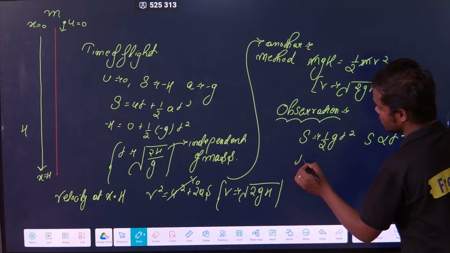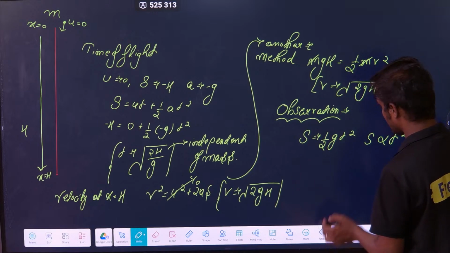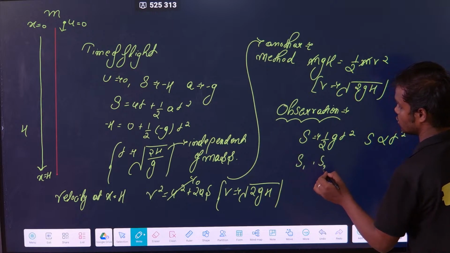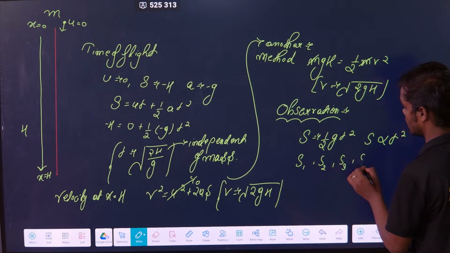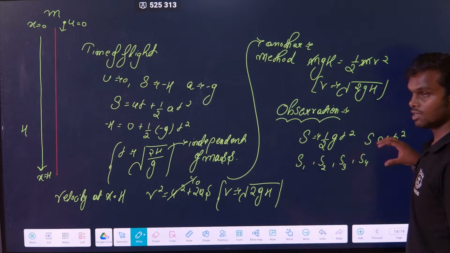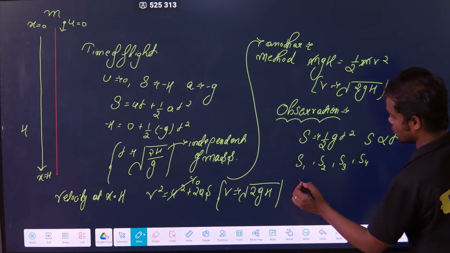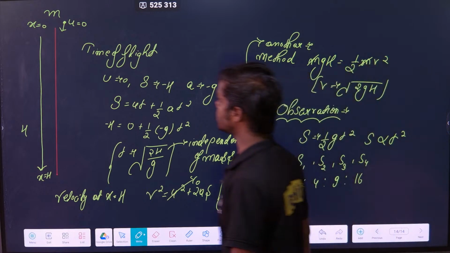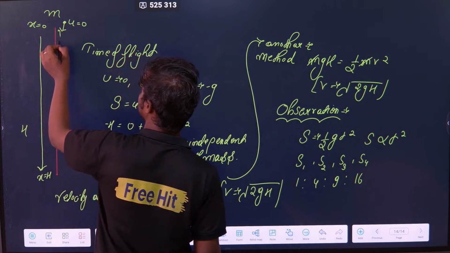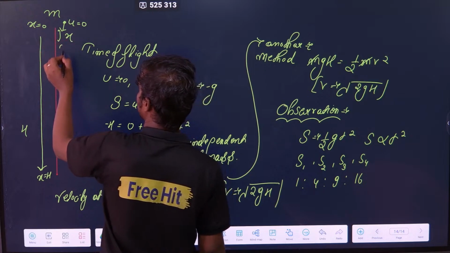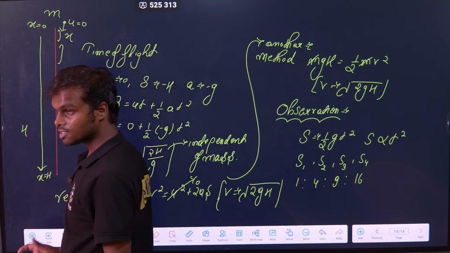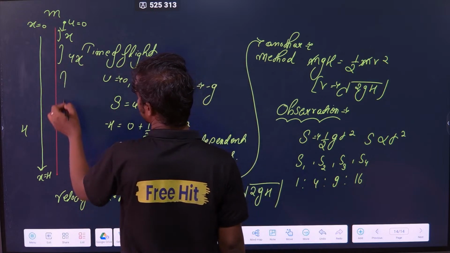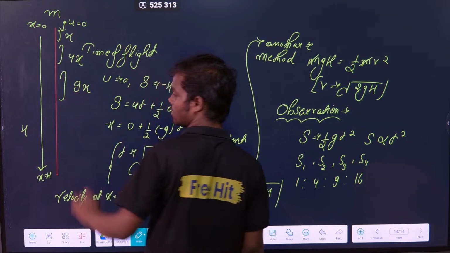So S1, S2, S3, S4, the distance traveled will be in the ratio of 1:4:9:16. That means in 1 second, what is the distance traveled? That is x. In 2 seconds, what is the distance traveled? That is 4x. In 3 seconds, what is the distance traveled? That is 9x. Are you getting my point?